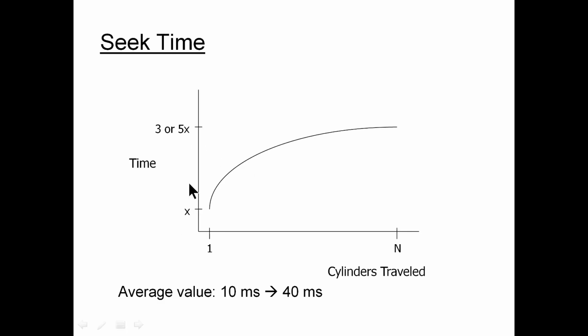Generally the seek time, in the cylinder versus time chart, is a little bit exponential. Average time is between 10 milliseconds and 40 milliseconds. The seek time increases as you move across more cylinders.